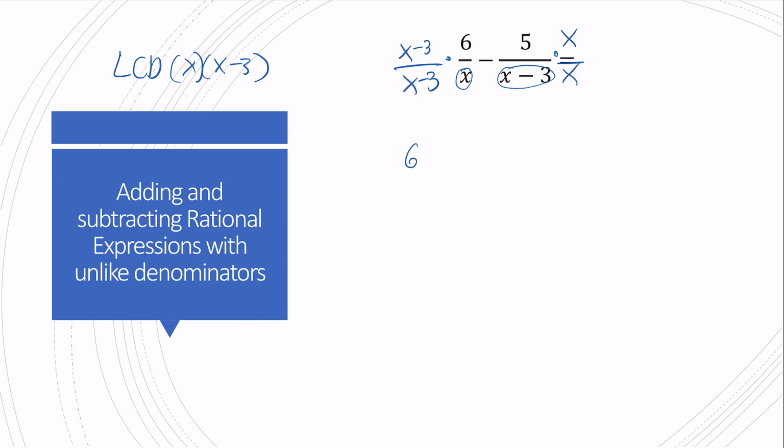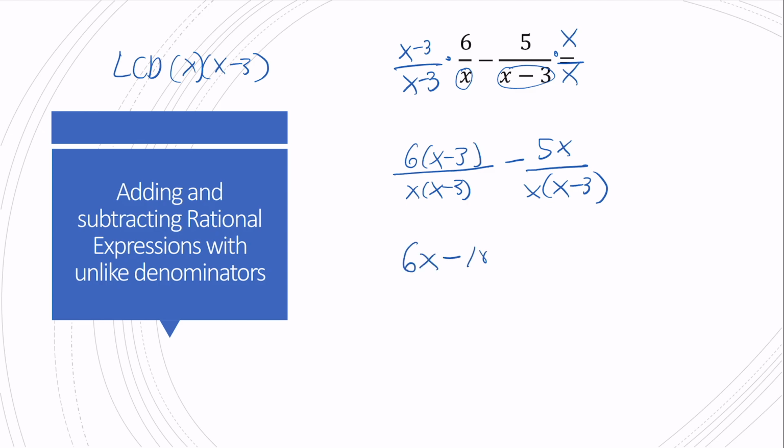So I have 6 times x minus 3 over x times x minus 3, minus 5x over x times x minus 3. So I'll distribute in my numerator. I've got 6x minus 18 minus 5x over x times x minus 3. Then we can combine like terms.